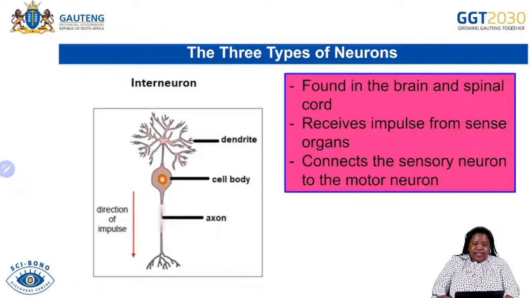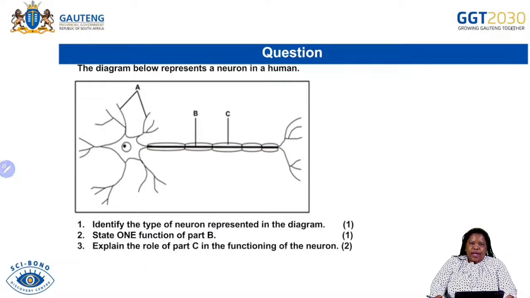Do not forget, we spoke about the position of the cell body, which is going to assist you also. Having done the types of neurons, the motor, the sensory, and the interneuron connecting the two to assist in the transmission of impulses to the central nervous system, the brain and spinal cord, and away from them to the effectors.